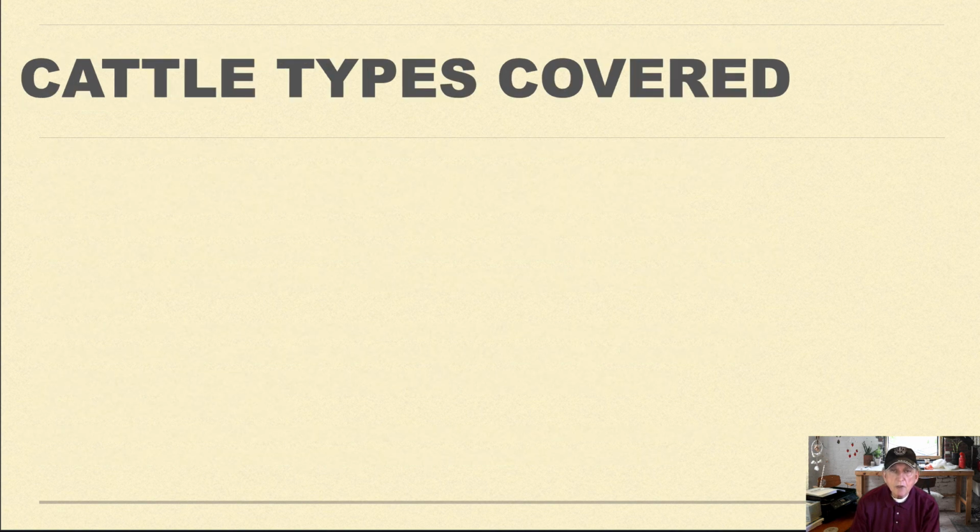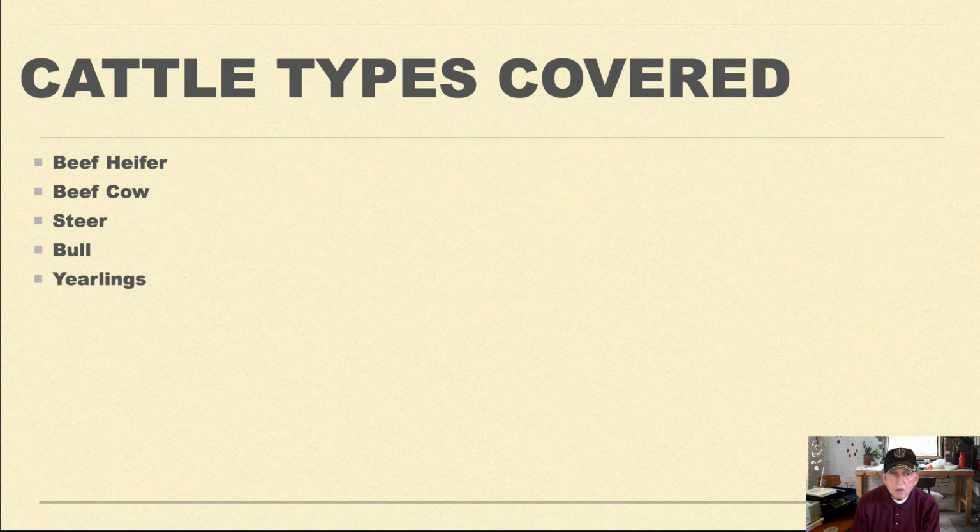Cattle types covered: beef heifer, beef cow, steer, bull, yearlings, dairy cow, calves, weanlings.